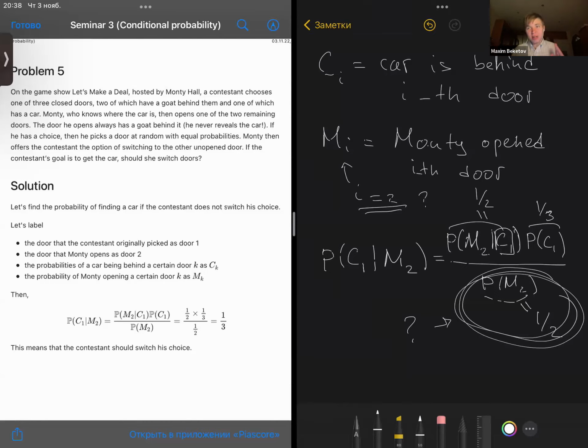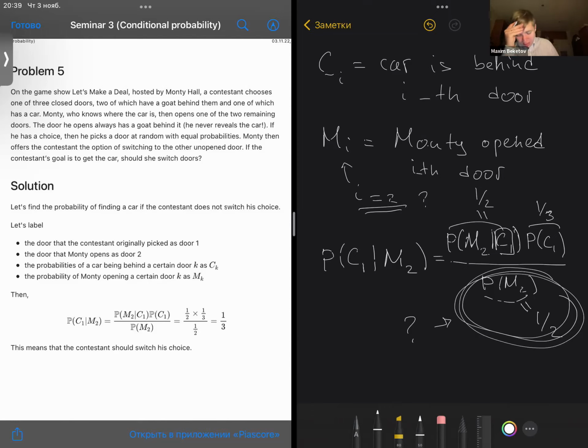So, to be honest, I don't agree. I don't remember the proper solution by Marilyn vos Savant or whoever that was, so I can't even tell you if this is the right answer.